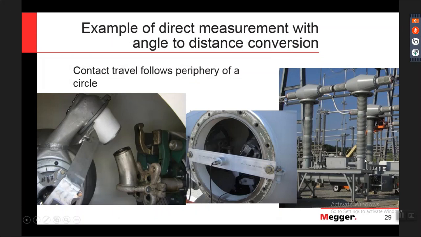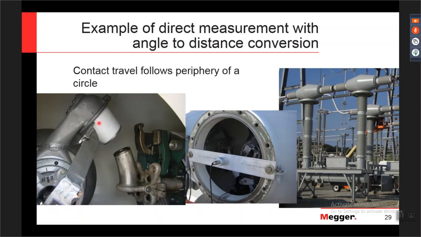This is another example of the rotary movement of the main contact. This is a Westinghouse breaker called SFA. It has 4 breaks actually per phase, and in this compartment up here there are two main contacts, and that's what's shown here.